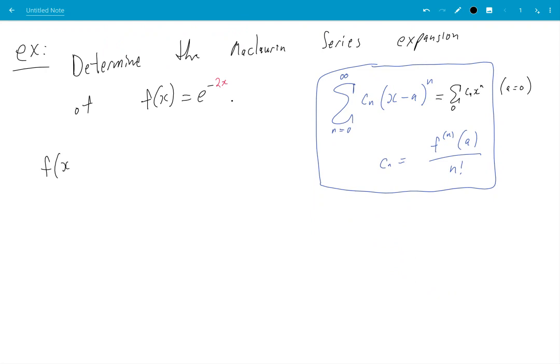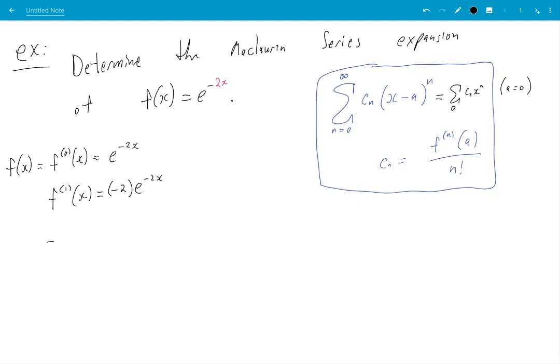So let's move this over. So f of x, we could write that as f to the 0, the 0th derivative, is e to the minus 2x. The first derivative is negative 2 times e to the minus 2x.